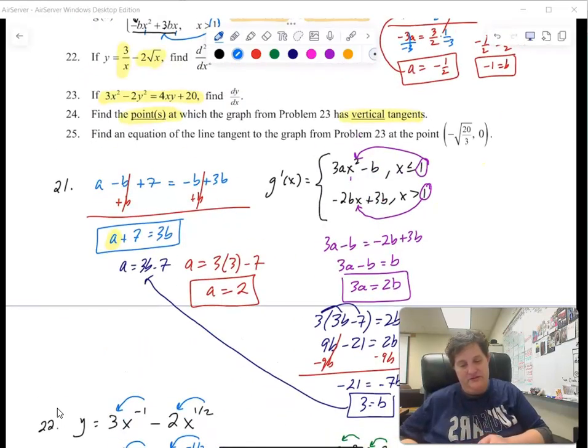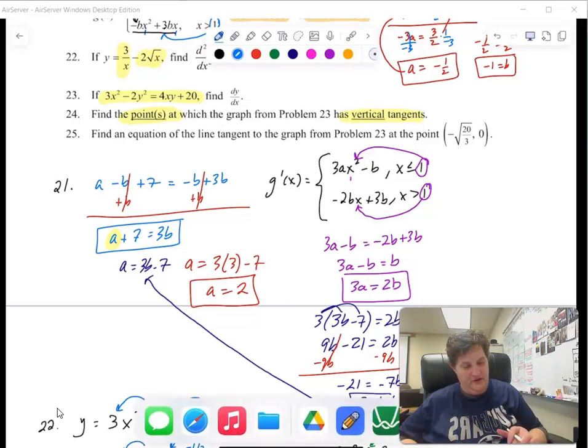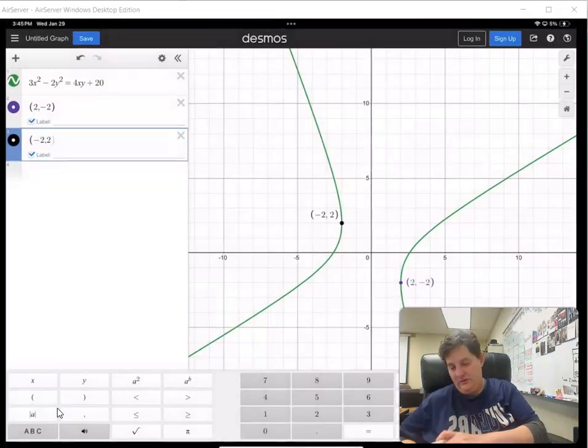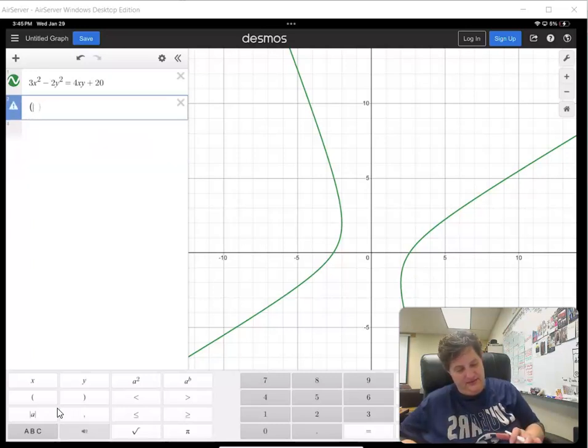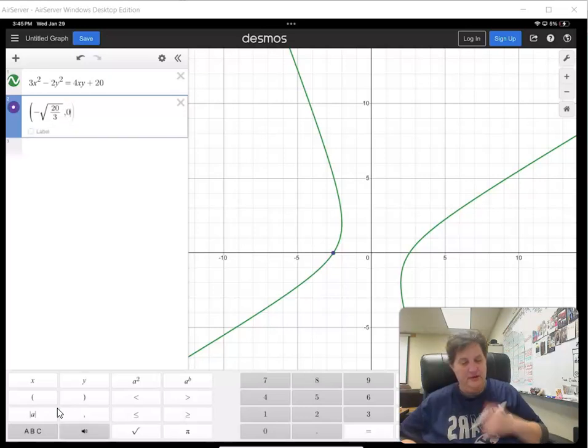Find an equation of a tangent line to the graph of problem 23 at the point negative square root of 20 over 3, comma 0. Okay, so now we're looking at a new point. This is not a calculator question, but just sometimes I like showing you guys things. All right, so that's that.